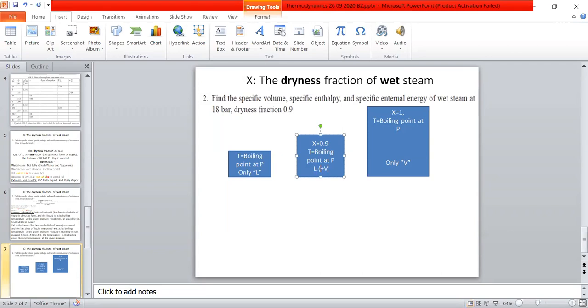Liquid is 0.1 out of 1 and vapor 0.9. So if this is 1 kg, only liquid 1 kg, only vapor at the rightmost 1 kg, last drop of liquid just evaporated, and in between liquid is 0.1 kg, vapor is 0.9 kg. I hope you can understand this very well.